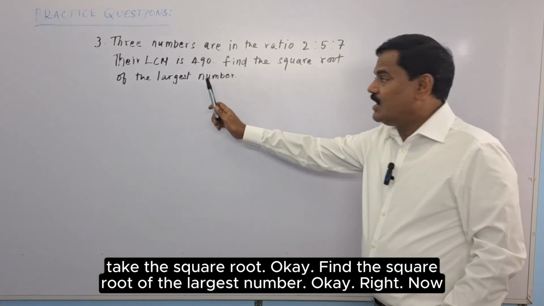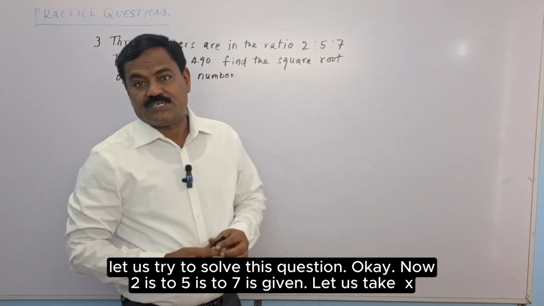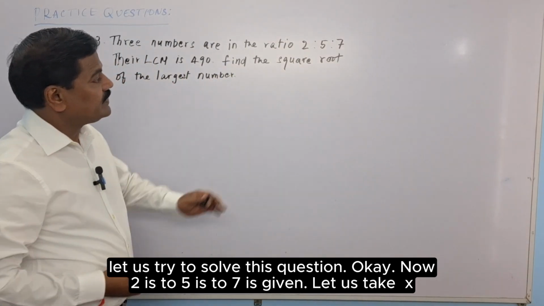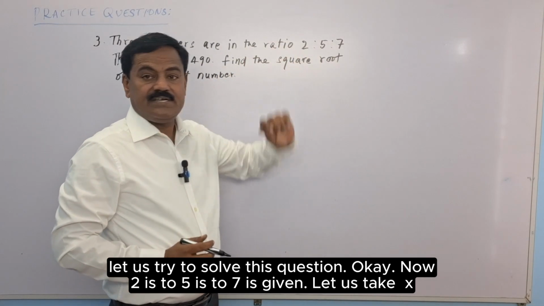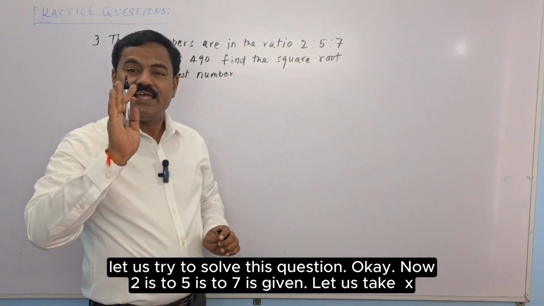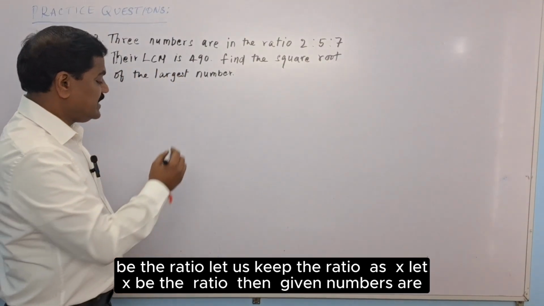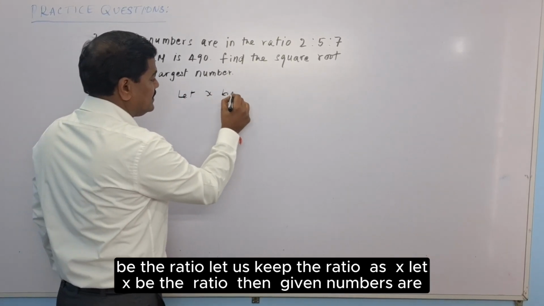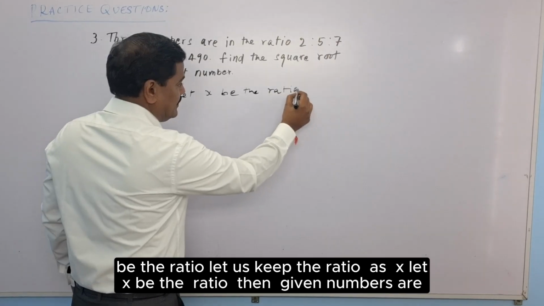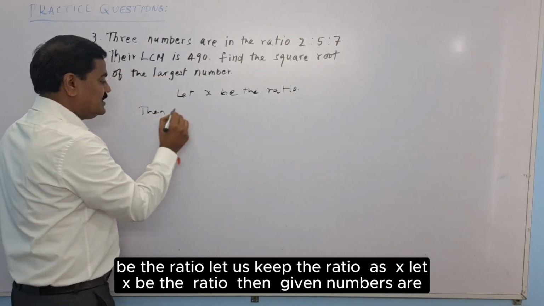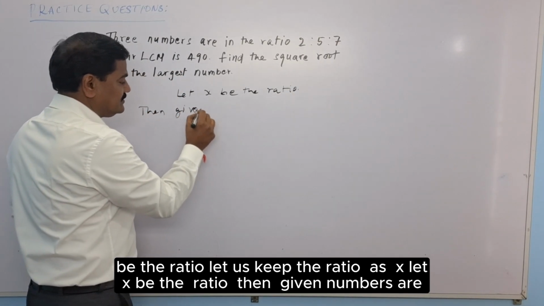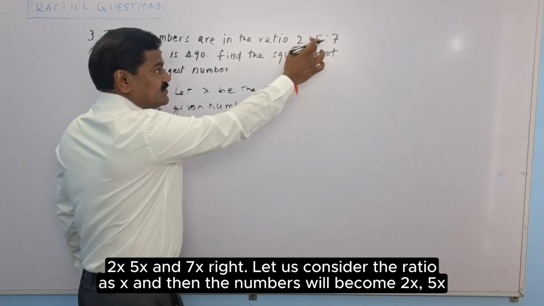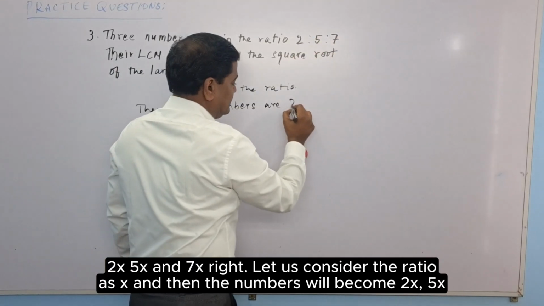Right. Now let us try to solve this question. 2:5:7 is given. Let x be the ratio. Then the given numbers are 2x, 5x and 7x.